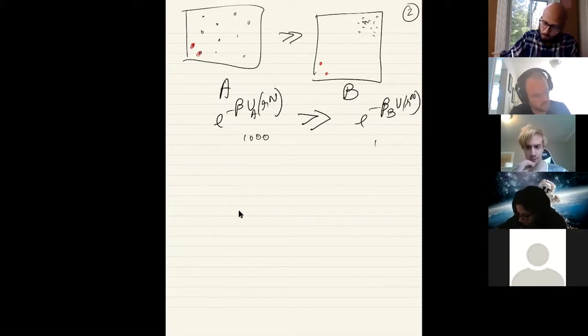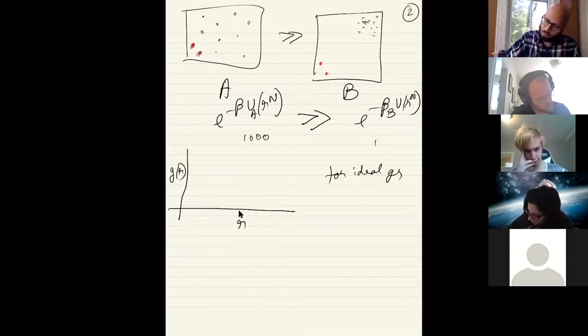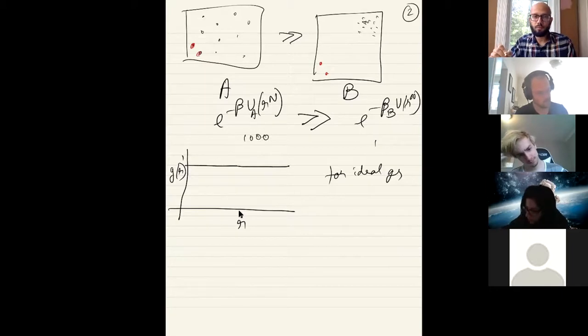So you saw in the last pop quiz that g(r) versus r for an ideal gas looks something like this. It was just 1, or some constant.